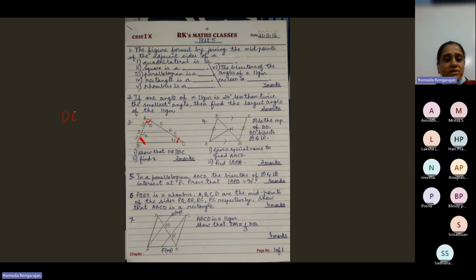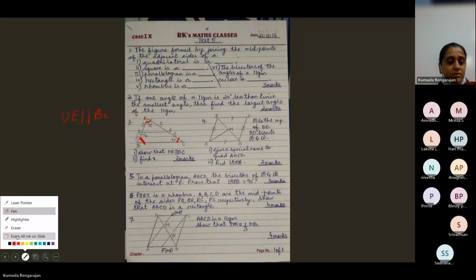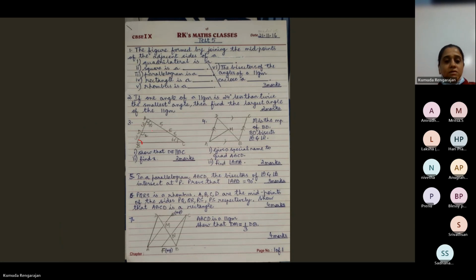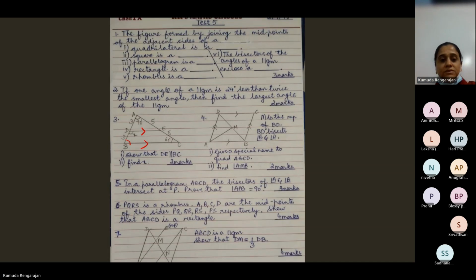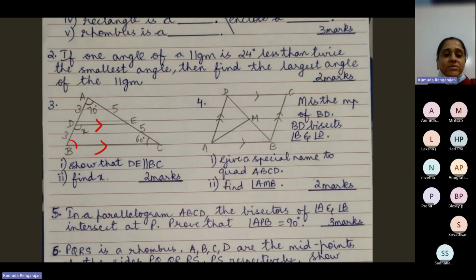DE is parallel to BC, we just proved that. So how much is angle B? 50. And since DE is parallel to BC, 50 plus X is equal to 180. Co-interior angles are supplementary. So X is 130.